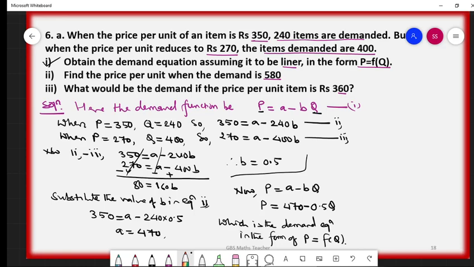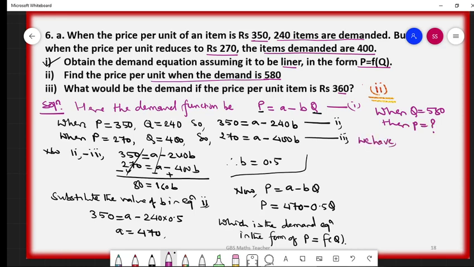Now the second part, dear students. Find the price per unit when the demand is 580. When the quantity of demand is 580, then P equal what?